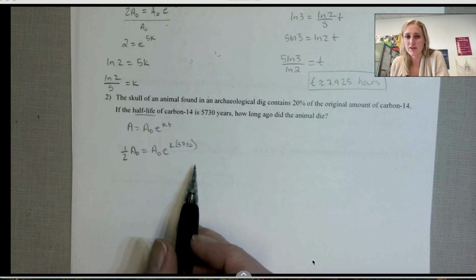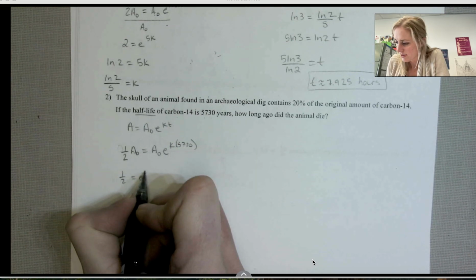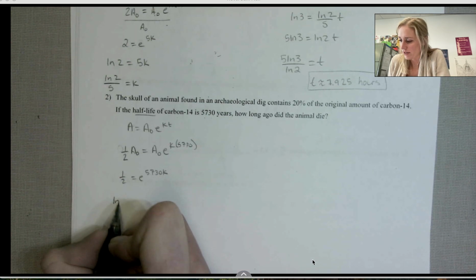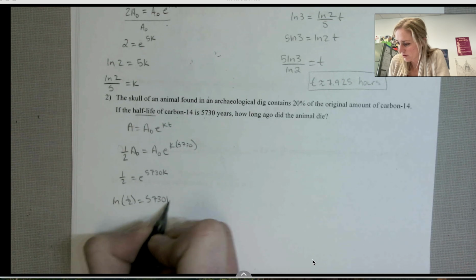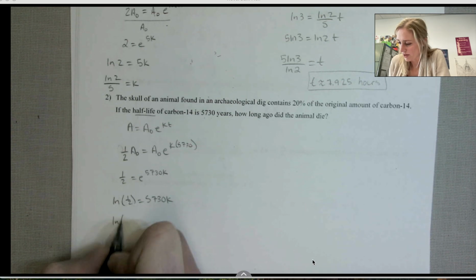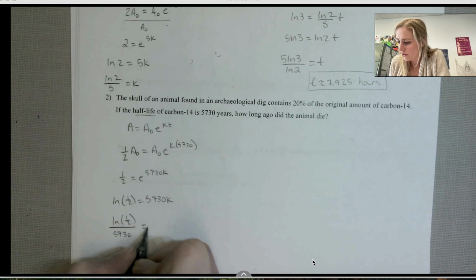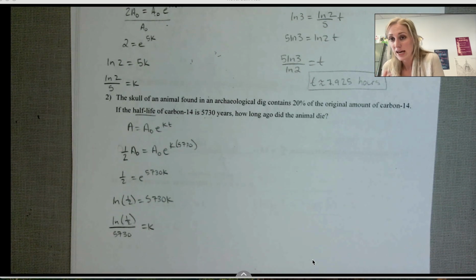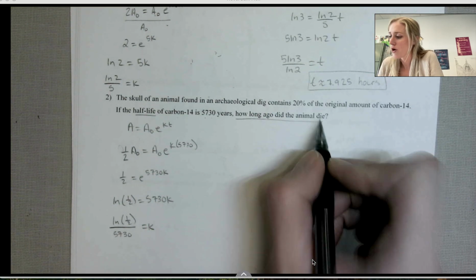So this is going to allow me to solve for K. Again, I can divide out the A naughts. Take the natural log of both sides. So natural log of 1/2 divided by 5,730 is our K. That is how fast this thing is decaying. That's our rate.